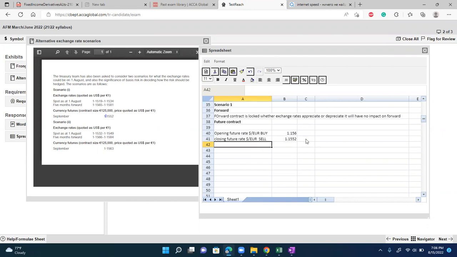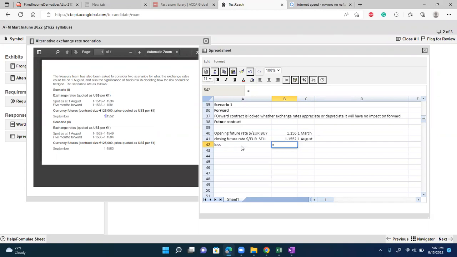We opened the contract on 1st March. Now it is 1st August. On 1st March, we did the contract at 1.1560. Now the same future is trading at 1.1552. Is it a gain or loss? Please tell me. It's a loss.